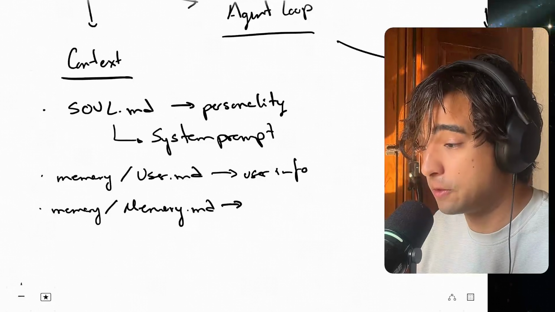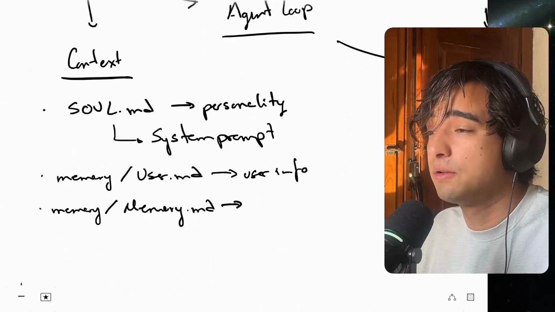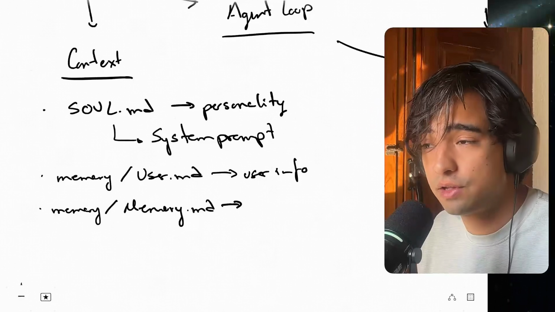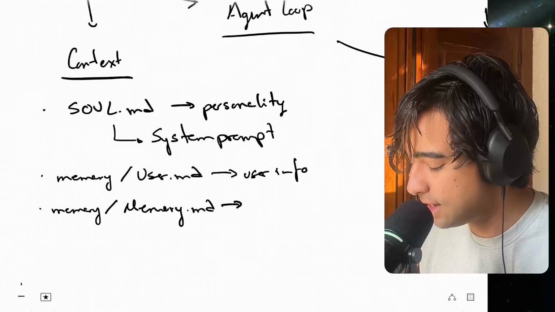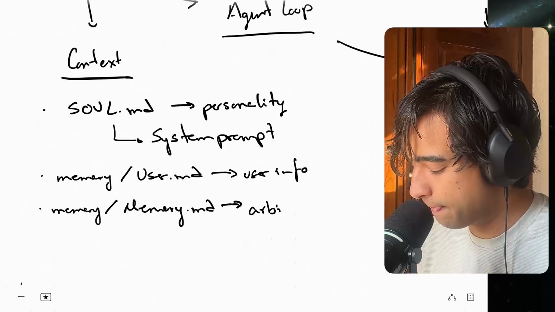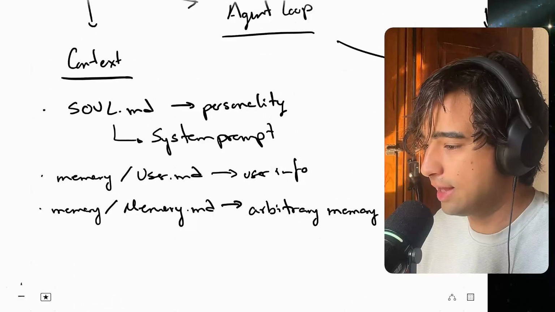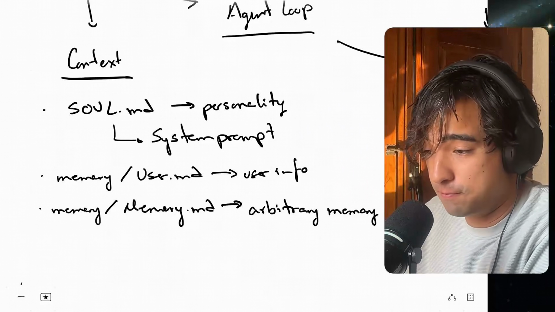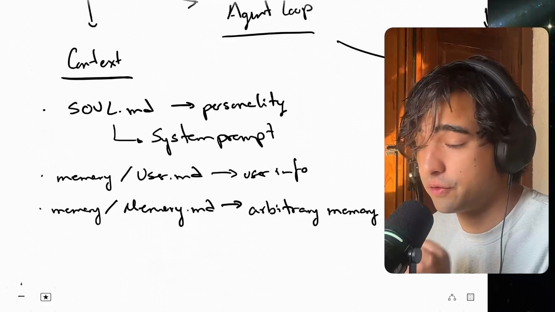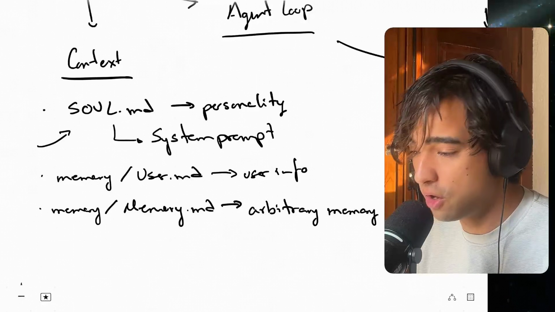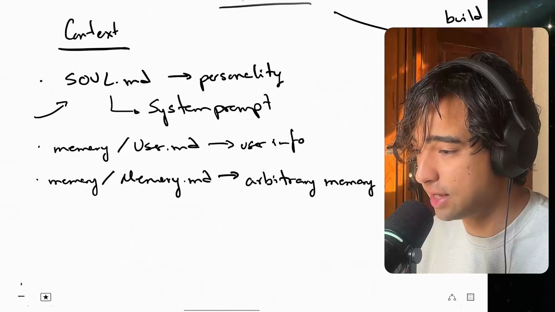But this one is not necessarily information about you, but information about how to use tools, about different workflows, about interesting things that it learned during your conversations with it. So it's arbitrary memory, okay? And this basically means that whenever it learns something from you and finds that interesting or useful for future conversations, depending of course also on its goals that were set on sol.md, it will save it in memory.md.